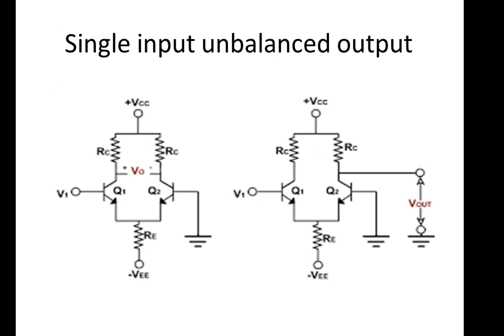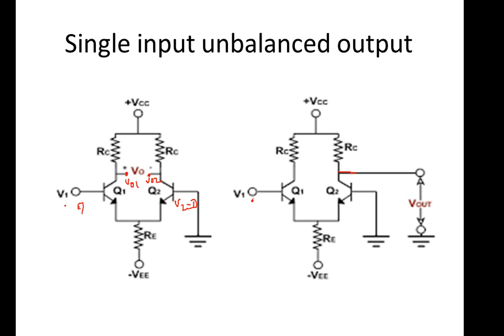So the next one is single input unbalanced output stage. Single input unbalanced output stage means only the V1 is applied. Here the V1 is applied and V2 is connected to ground, and we are taking output from either V01 or V02. Similarly here also, V2 is connected to ground, and we are taking the output from V02.